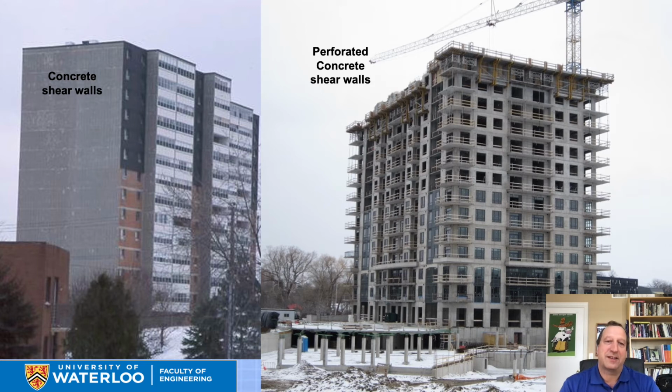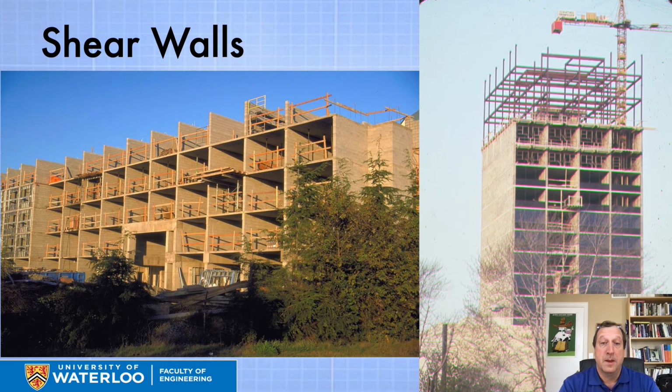And what you can't see is that the shear wall in the other direction happens to be the corridor walls that separate the units. So down the middle of this building in the long axis is a shear wall formed by the concrete of the corridor walls. A similar approach is being taken in this building, where there are shear walls provided in the direction where you see those solid walls.